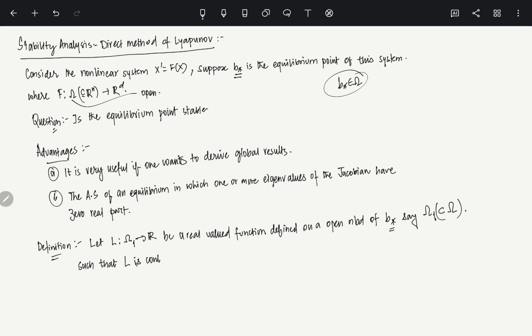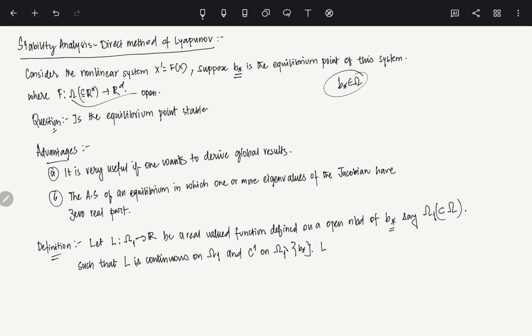L is continuous on omega 1, and it is C1 on omega 1 minus B star. So I want continuity everywhere, and continuous differentiability everywhere in omega 1 minus the B star point.